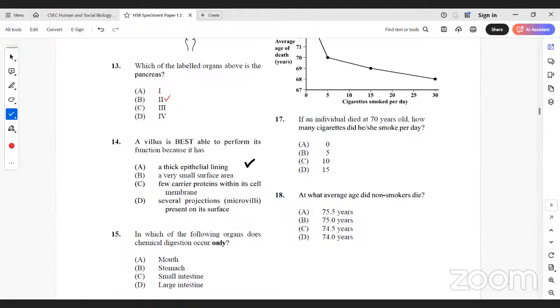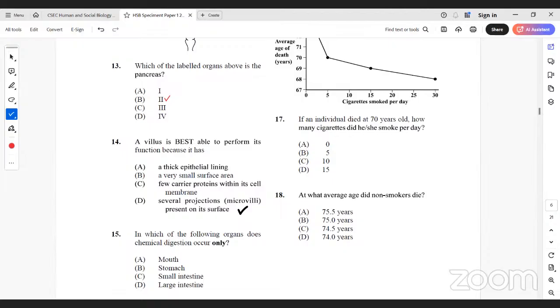So 14, what are we thinking? A villus, the big one, would have smaller projections, and the smaller projections are called microvilli. I hope persons are aware of that. Micro means small, right?